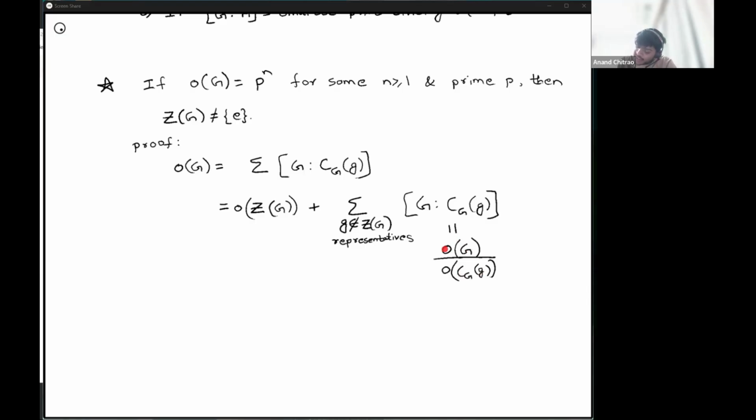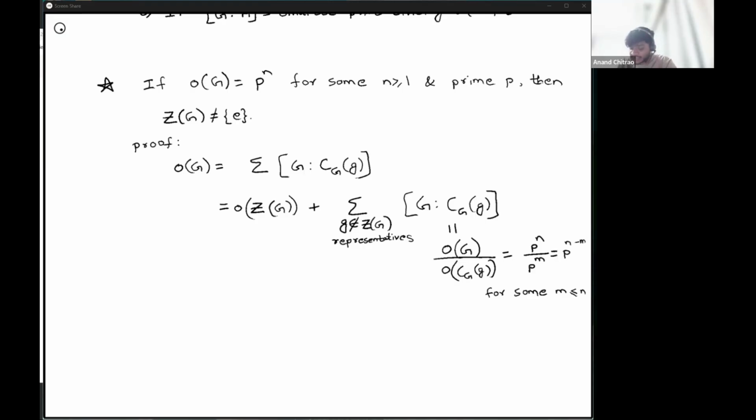Order of G equals p power n, and Cg of g is a subgroup of capital G. Therefore, its order is of the form p power m for some m less than or equal to n. So this index is p power n minus m.